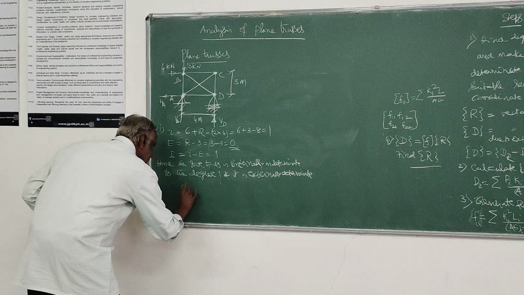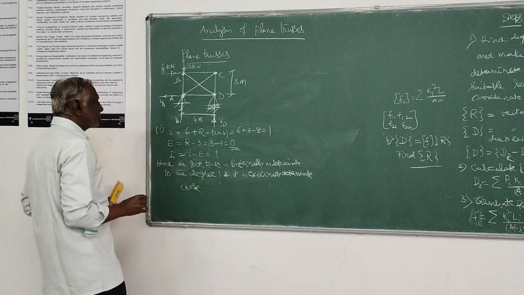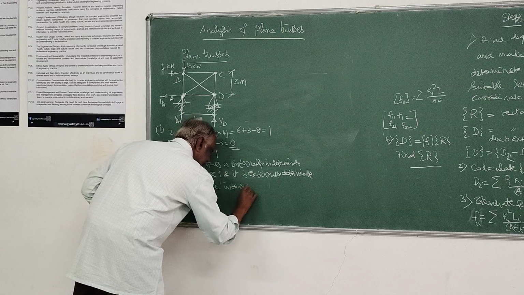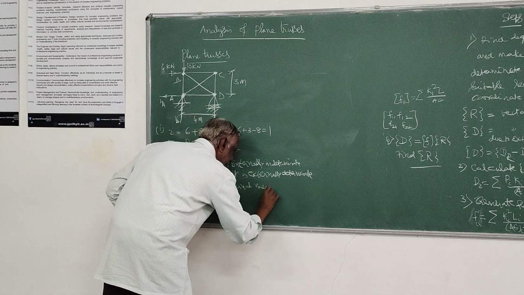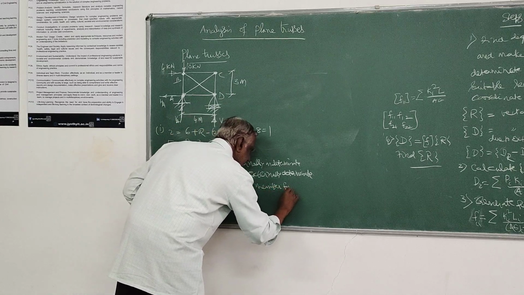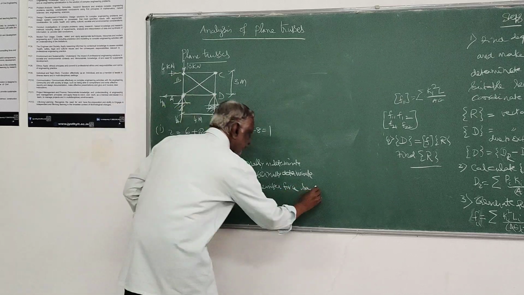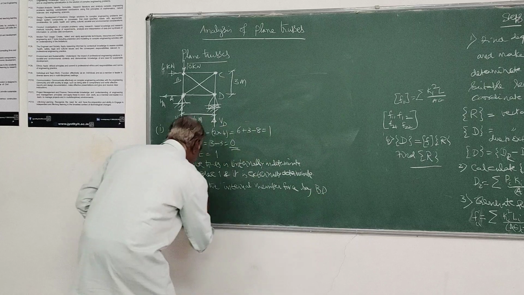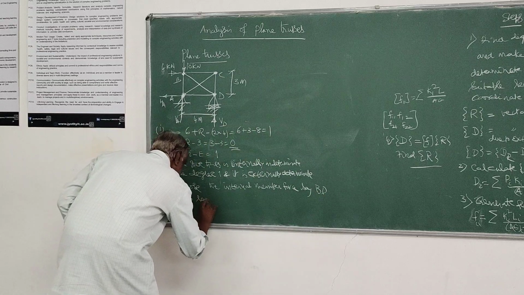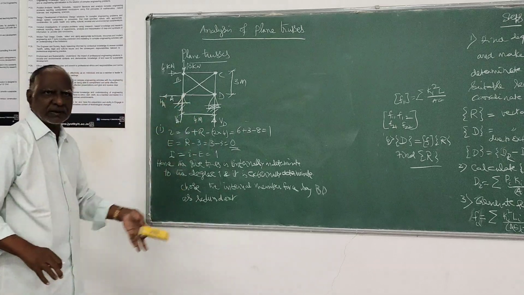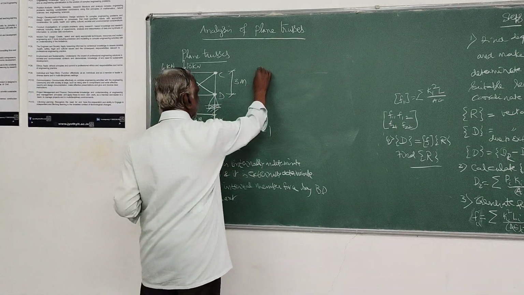So choose the internal member force, say BD, as the redundant, because only one member force is to be chosen, as I told.